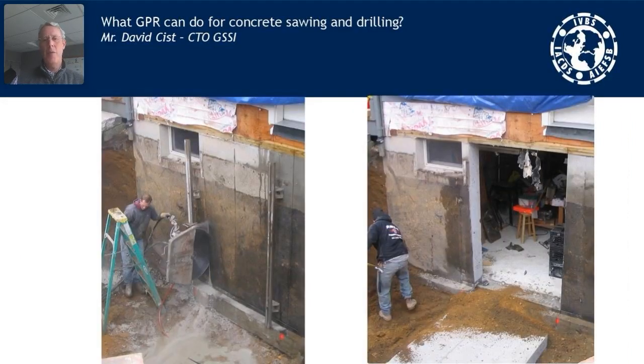I've also had cutters tell me that when they're cutting a door, for example, and they're going to cut through rebar, and there is no post-tension cable and no conduit, they just know it's rebar, that if they could scan the wall first and see that there is a rebar going right along their cut line, but maybe at a slight angle, you could have a very bad day by hitting the rebar and then suddenly having it bind, because you're cutting on one side of the bar and then suddenly it jumps to the other side.